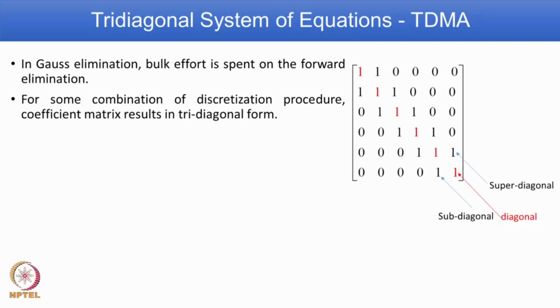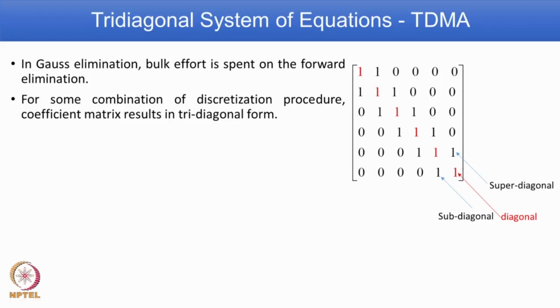We have already seen in the previous class diagonal, tridiagonal and pentadiagonal matrices. The tridiagonal matrix structure is displayed here again. It has one main diagonal, marked here in red, with a super diagonal immediately above and a subdiagonal immediately below.